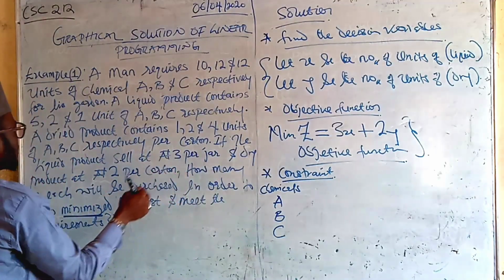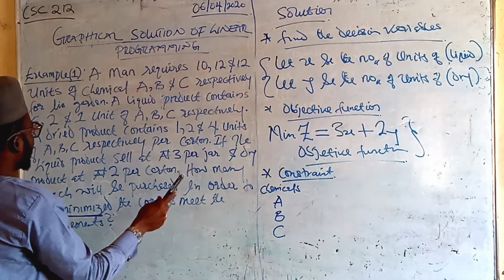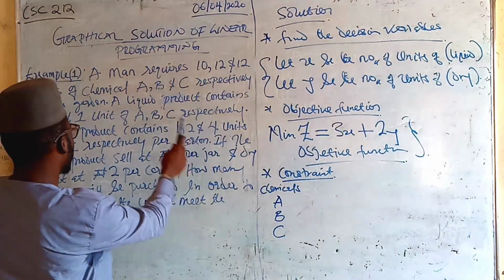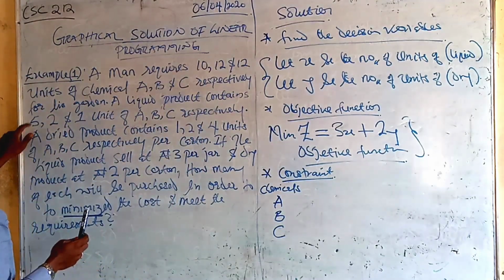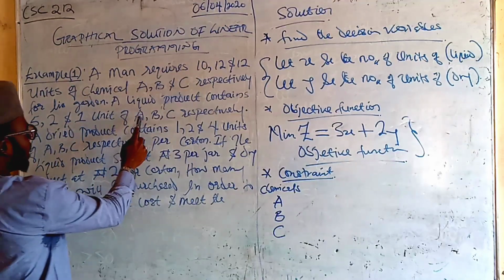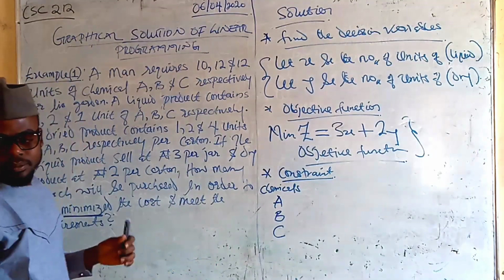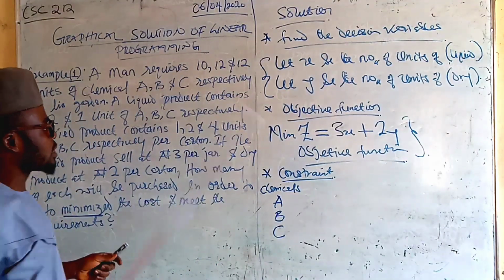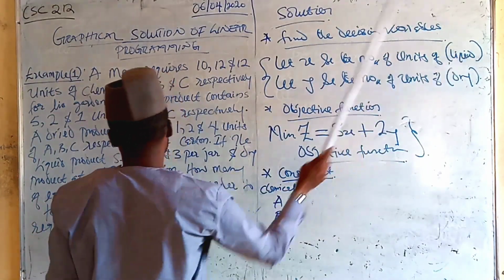So what is being required for those particular chemicals? They have stated that a liquid product contains 5, 2, and 1 unit of chemical A, B, and C respectively. And we have already let X be the number of units of the liquid product.